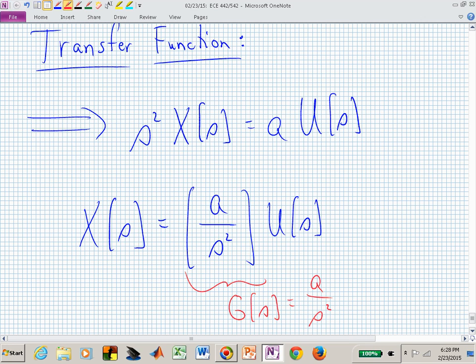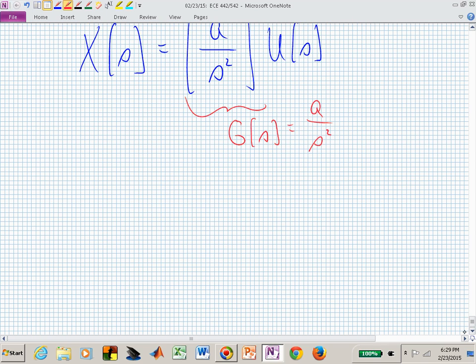What was our G of s when it was just a constant? It was just 5, wasn't it? G of s was 5. Now it's become a over s squared, so it is a little bit more interesting, a little bit more involved. Let's now find the zero-order hold equivalent of this pure mass, or of this G of s.